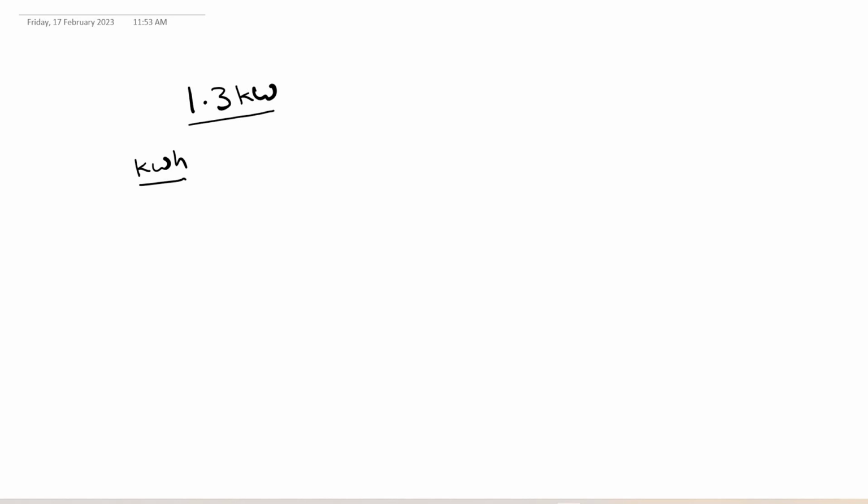So if we run our dishwasher, which has an electrical rating of 1.3 kilowatts, for 2 hours, then we can find how many kilowatt hours is used by the dishwasher. So to find that, we do 1.3 kilowatts times by our 2 hours, and that is equal to 2.6 kilowatt hours.